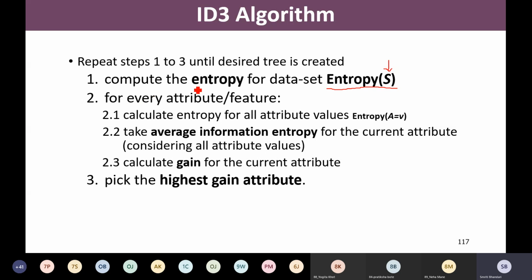We are going to see how to compute this entropy. This is one statistical function that we need to make use of to come up with that statistical value. So in the first step, given the data set S, we are supposed to compute the entropy for the data set.